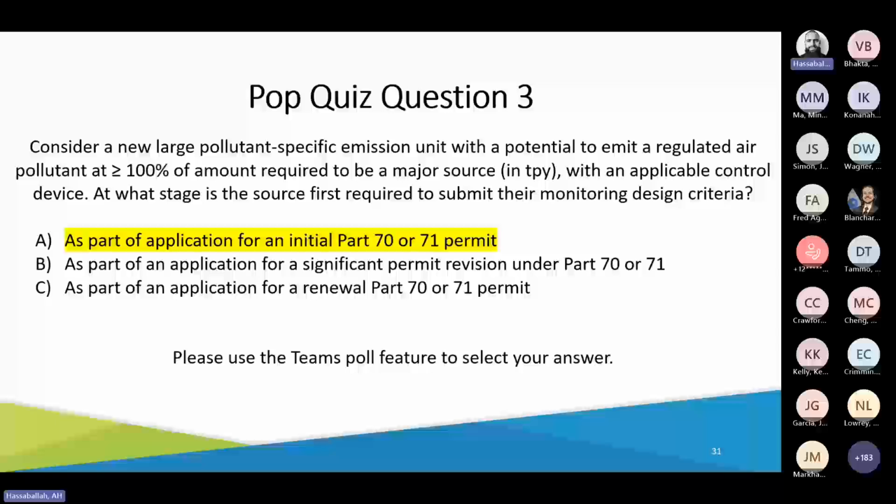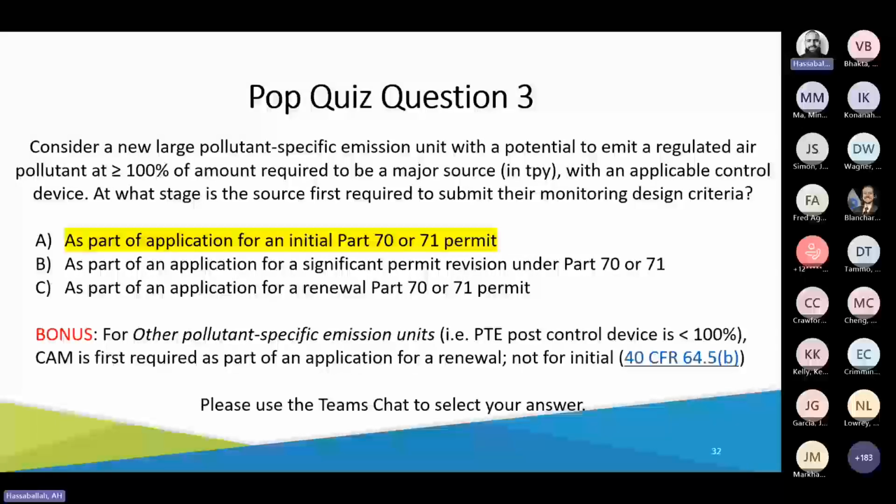A bit of trivia or a bonus element. What about other pollutant-specific emission units? And by other pollutant-specific emission units, I mean those emission units where the potential to emit with a control device is less than 100%. In pop quiz question 3, with the control device, the regulated air pollutant is at or greater than 100% of the amount required for the threshold.